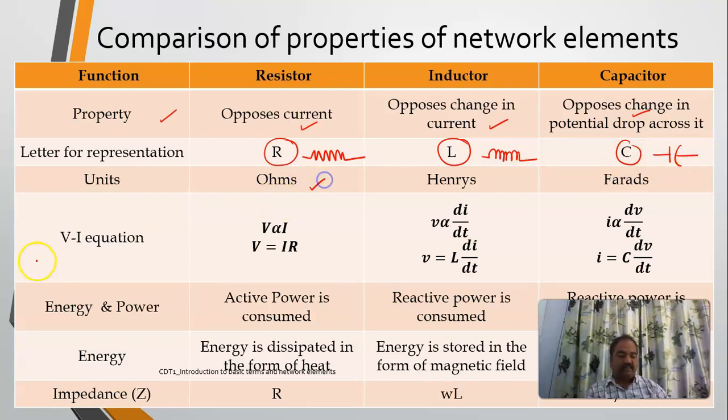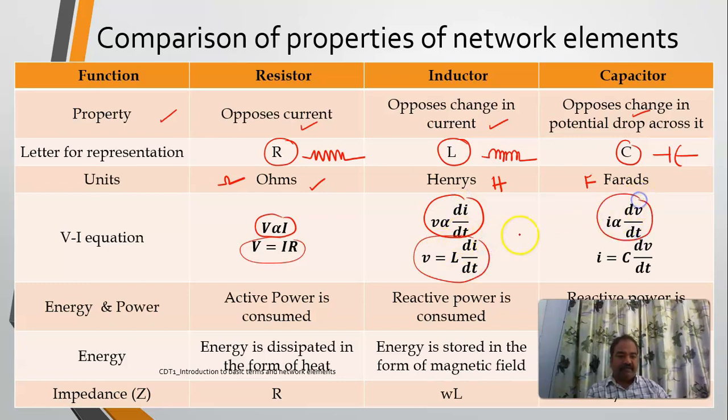Units: resistor is measured in ohms, inductor in henry, capacitor in farad. Now the VI equation: V is proportional to I, so V is equal to IR. Here V is proportional to di by dt, so V is equal to L di by dt. I is proportional to dV by dt, so I is equal to C dV by dt.